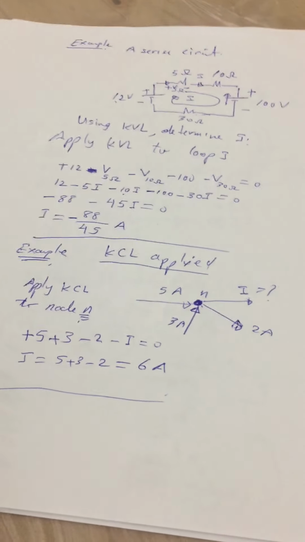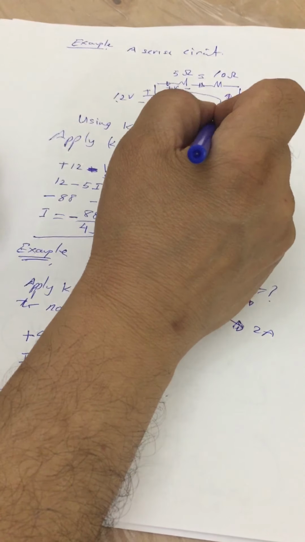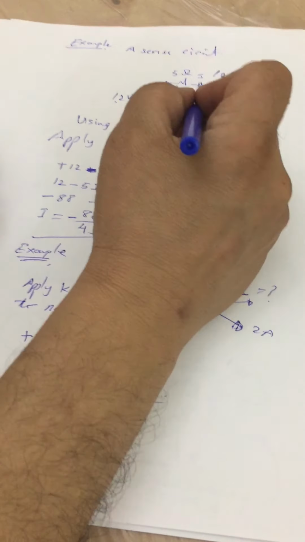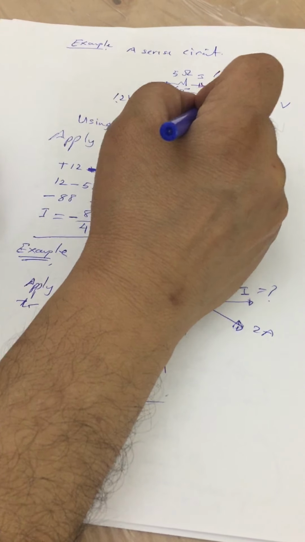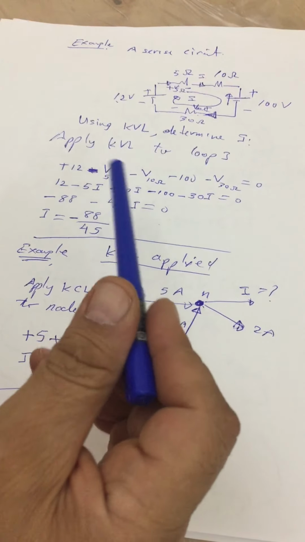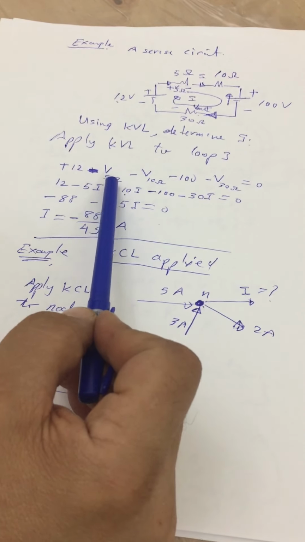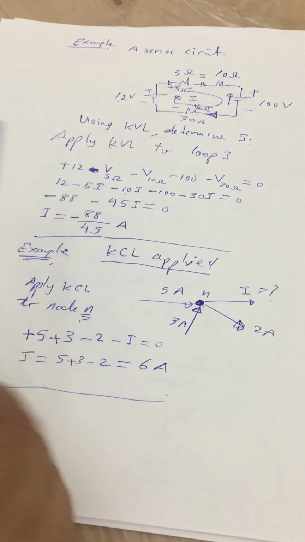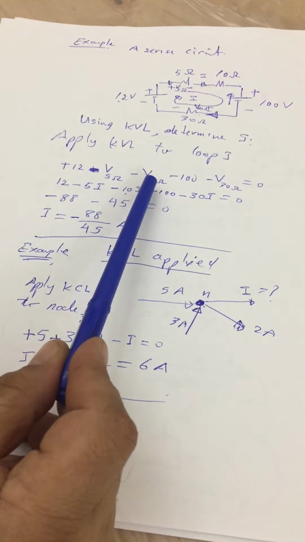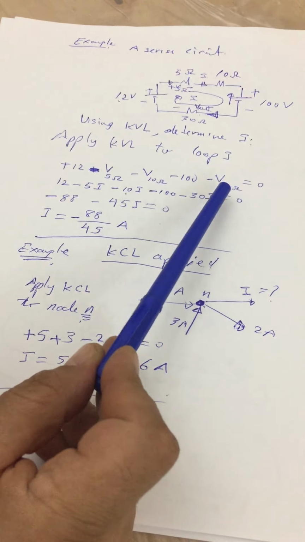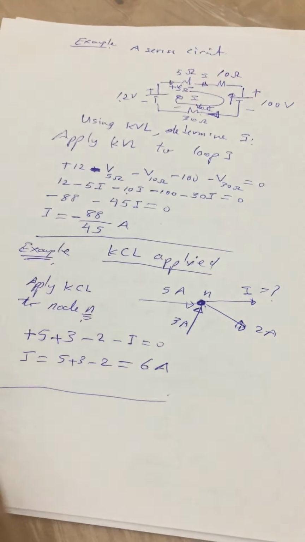You watch, the current flows in this direction here, means plus, minus, so this is the V30 ohms, okay? The voltage across 5 ohms according to Ohm's law is 5I. Similarly, the voltage across the 10 ohms is 10I, and across the 30 ohms is 30 times I.